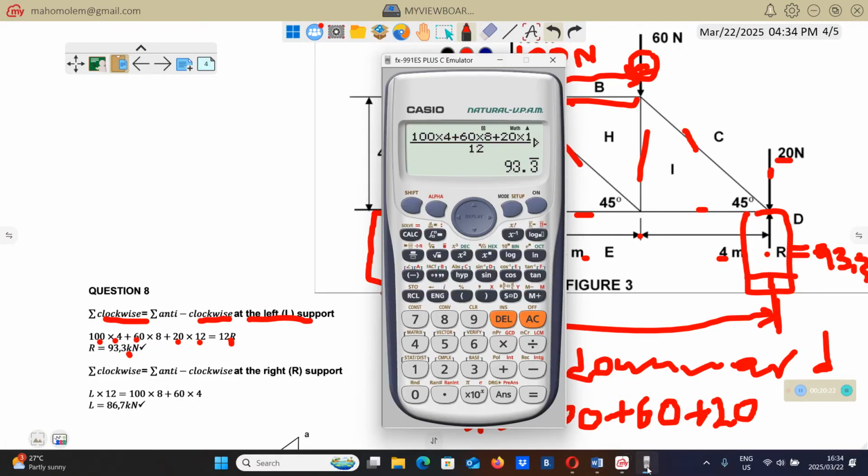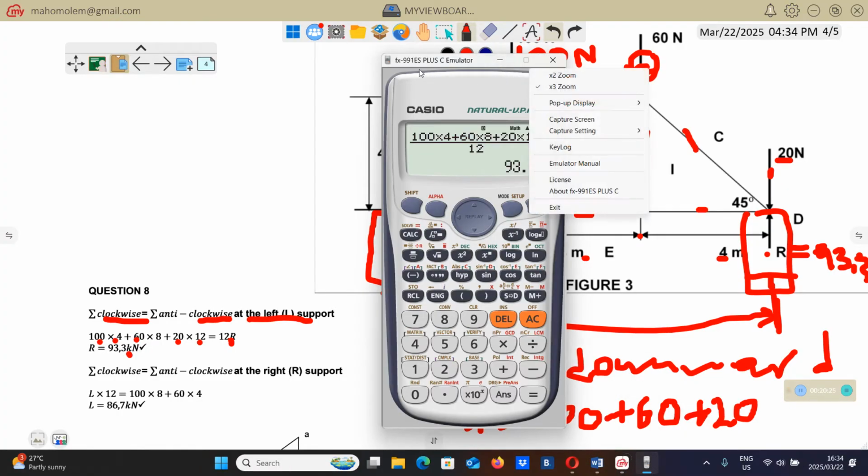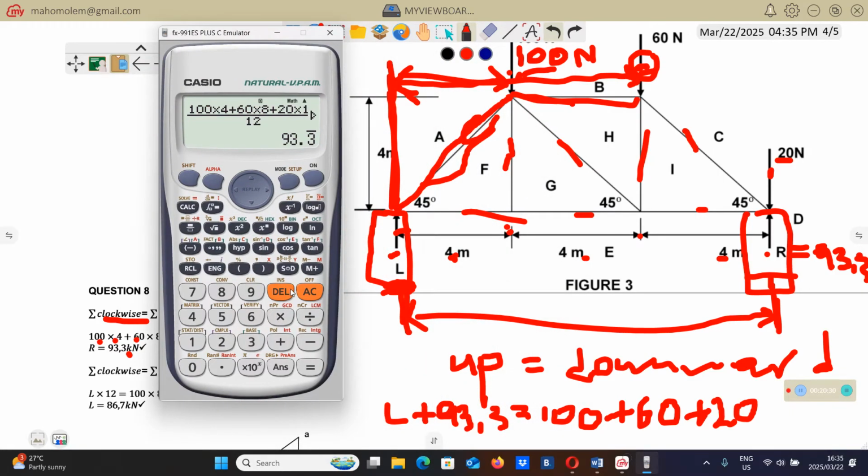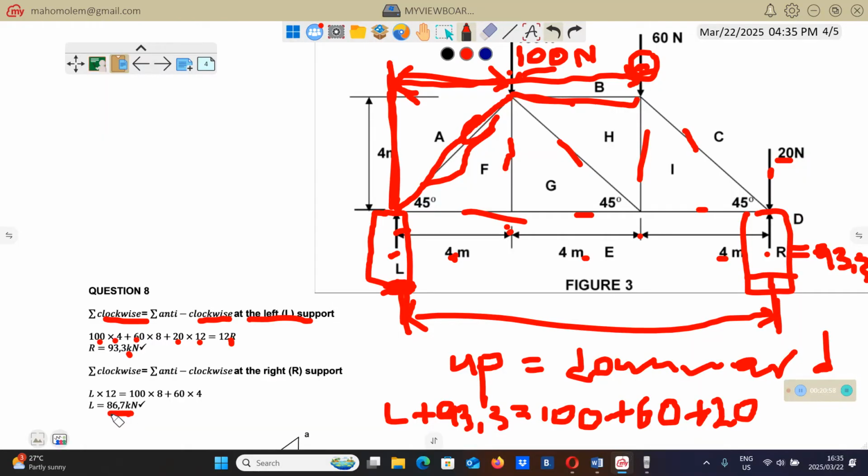Then from this, you can find L. L will be equal to 100 plus 60 plus 20 minus 93.3, which is 86.7. That is the answer that you see here.